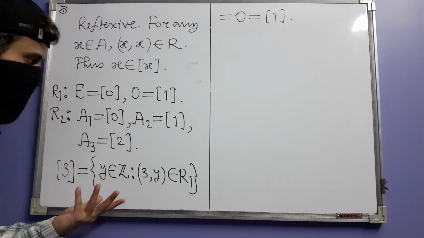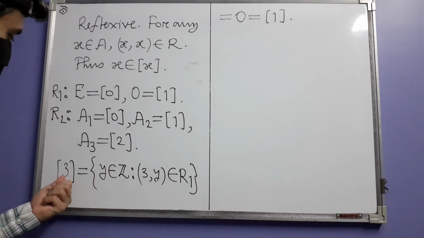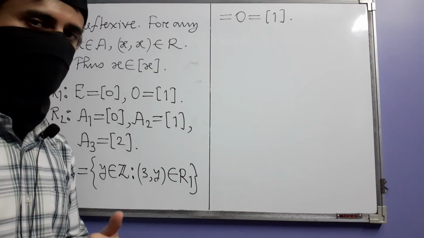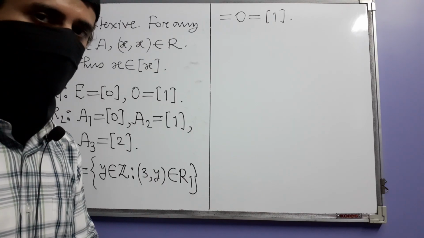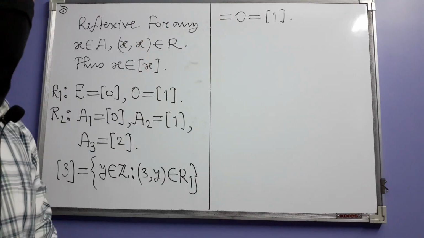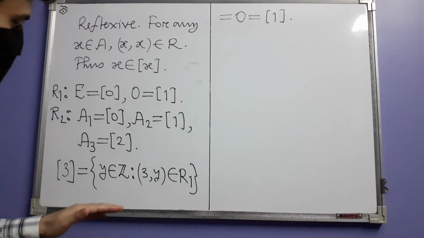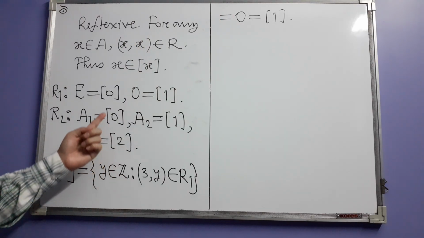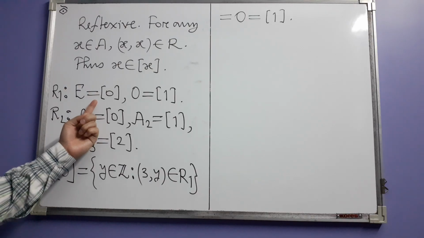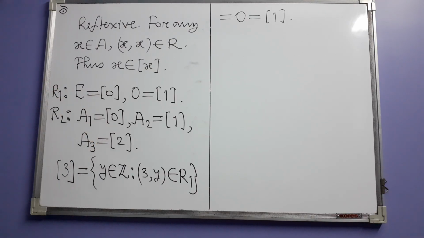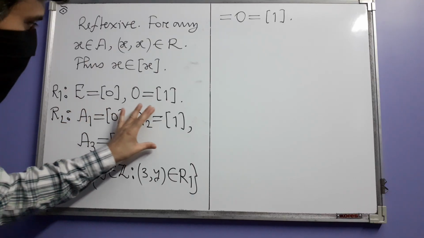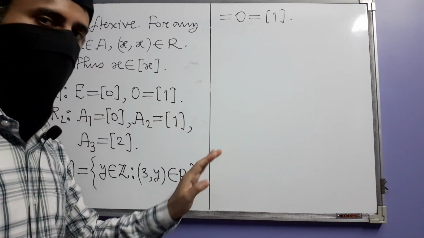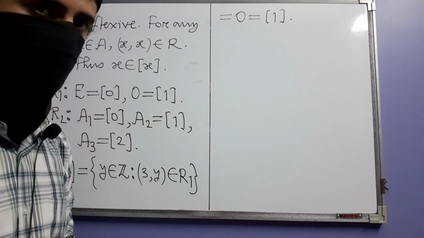So you can already guess what's going to happen if in place of 3 you take another odd integer, say 5 or even say 1001. You are actually going to get just this set, nothing else. Similarly, if you take an even integer, you will get its equivalence class equal to E. And in a similar manner, you can show that these are the only 3 equivalence classes for the relation R2.